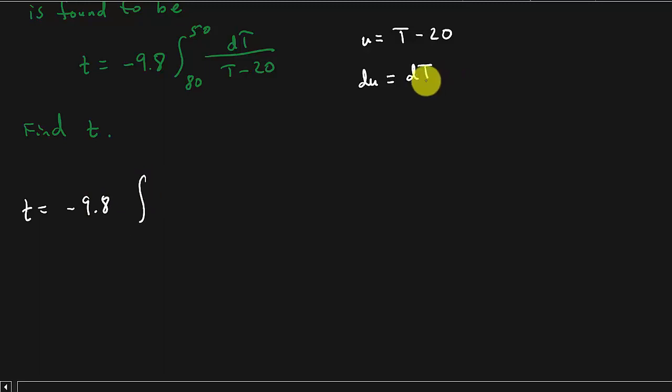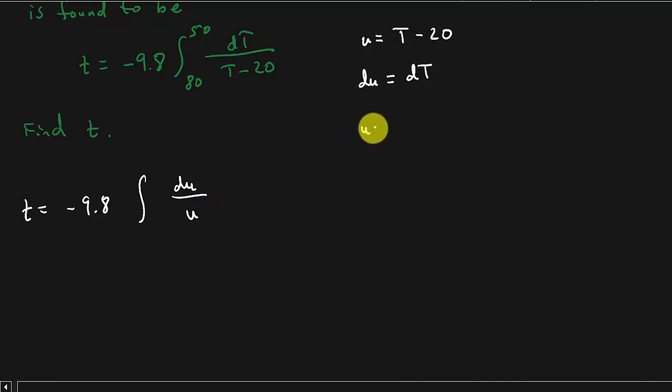Now, the d capital T I'm going to replace with du, and the capital T minus 20 I'm going to replace with u. And then what else do I have to do? I need to change my limits, right? I need to change the limits because I'm in terms of u now.